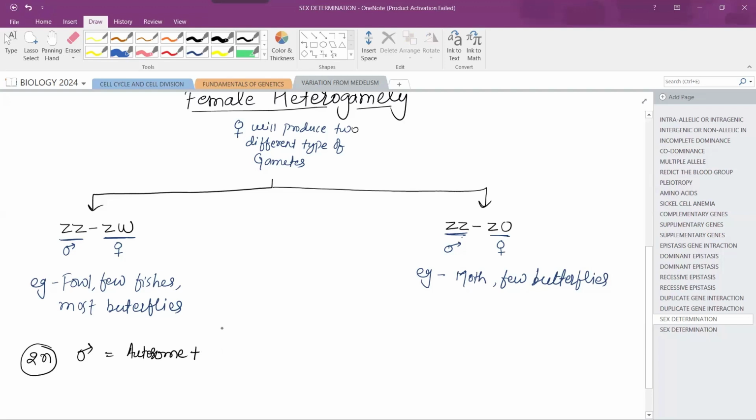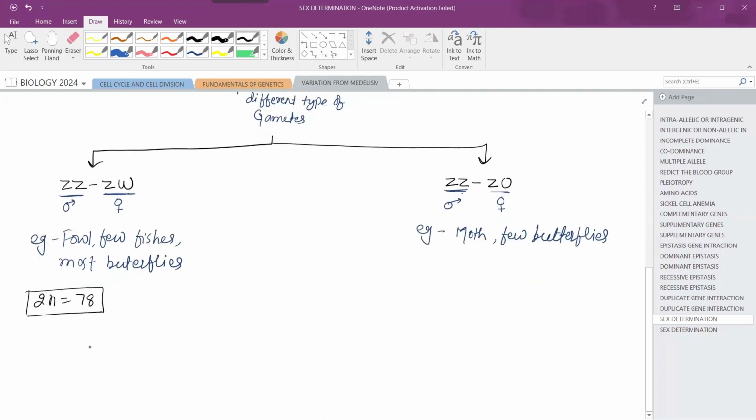For convenience, Z and Z. Suppose there is 2n equal to 78 chromosomes. Now tell me, what is the genotypic combination of male?